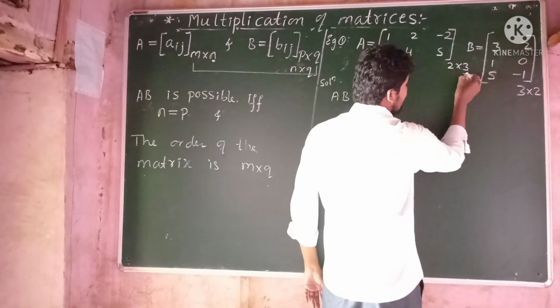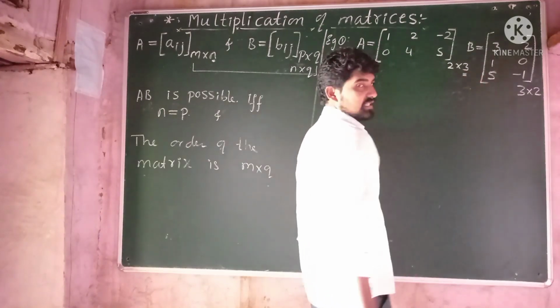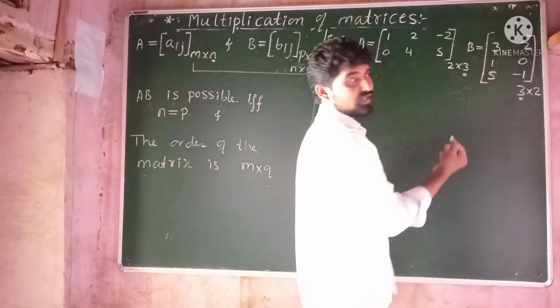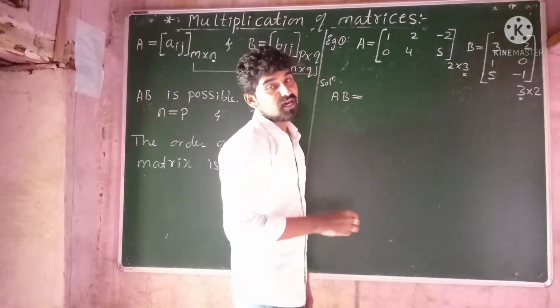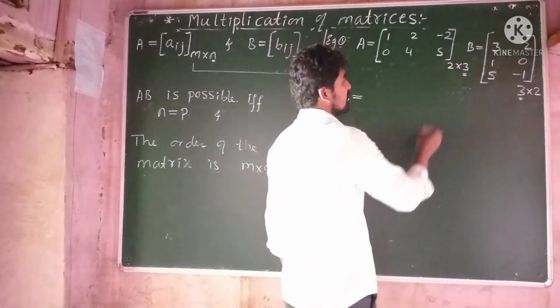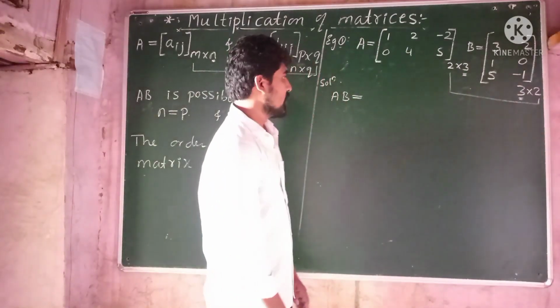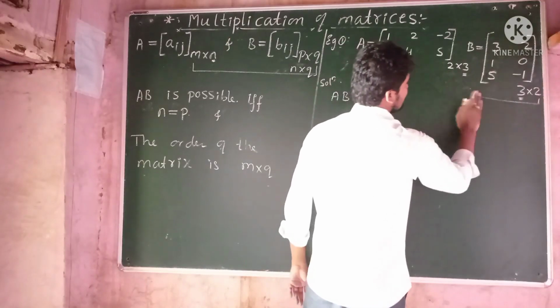So the number of columns in the first matrix is 3 and the number of rows in the second matrix is 3. Therefore AB is possible here. And the order of the matrix AB is 2 cross 2. I hope all of you are understanding. Let's start the solution.